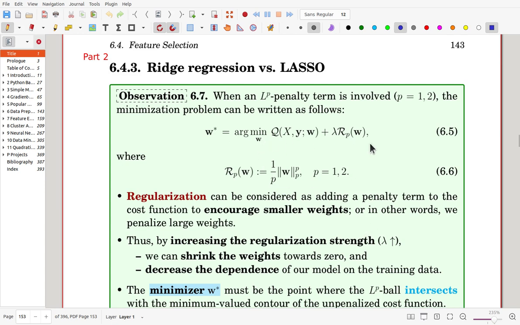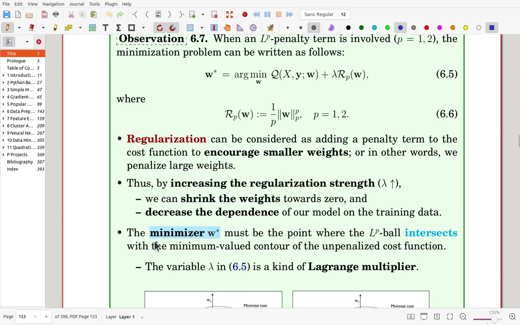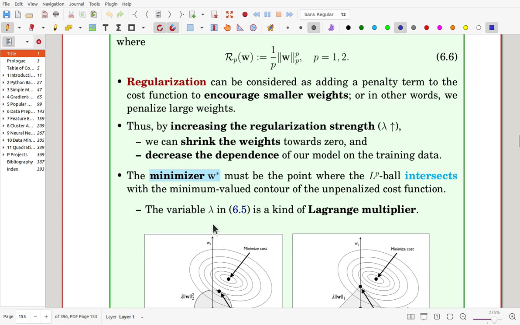For that new objective function, with lambda appropriately chosen, the minimizer W star must be the point where the Lp ball intersects with the minimum valued contour of the unpenalized original cost function.